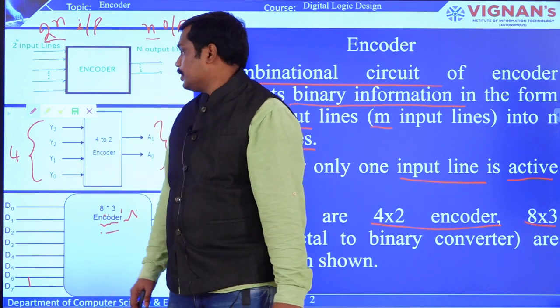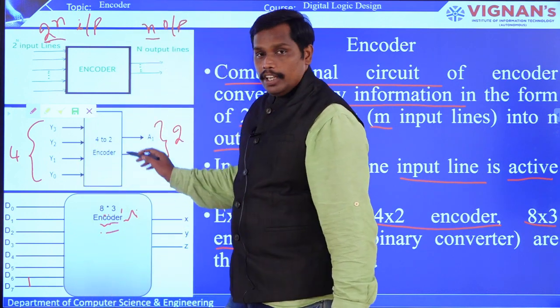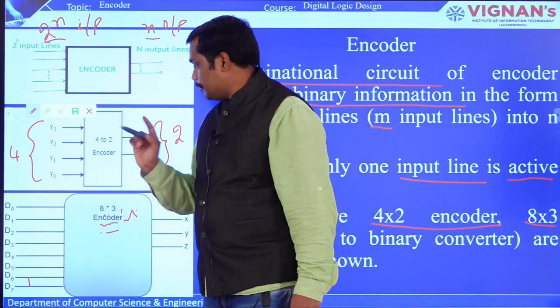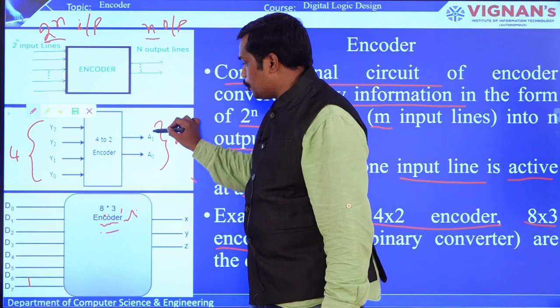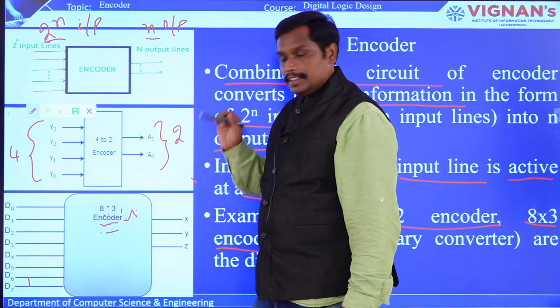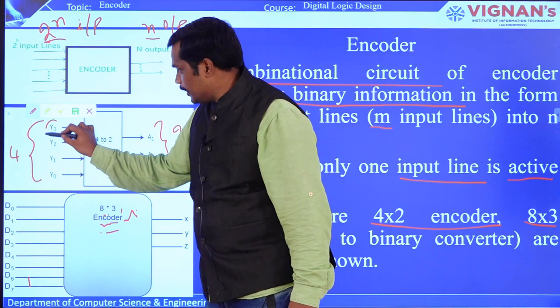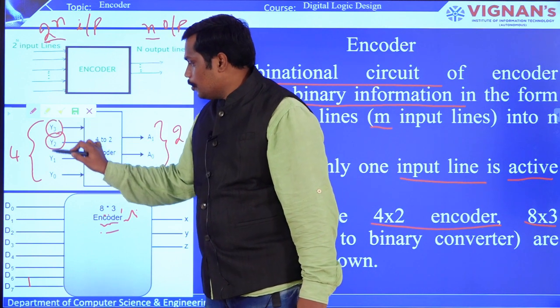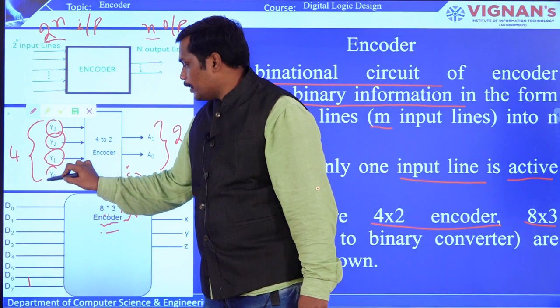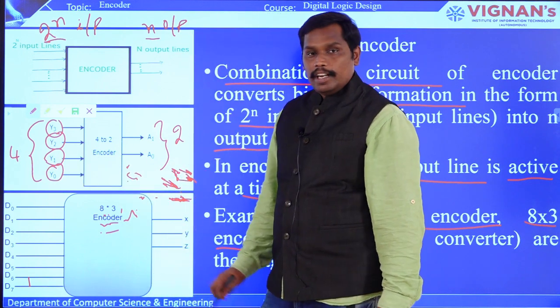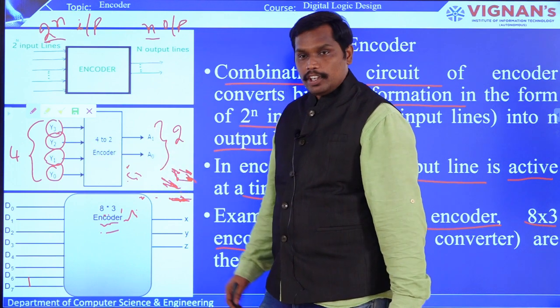Here, if there are 4 inputs, only one input will be active at a time. So, it can be Y3 or Y2 or Y1 or Y0. Depending on the encoder and its input sequence, we will find out the output sequence, right.